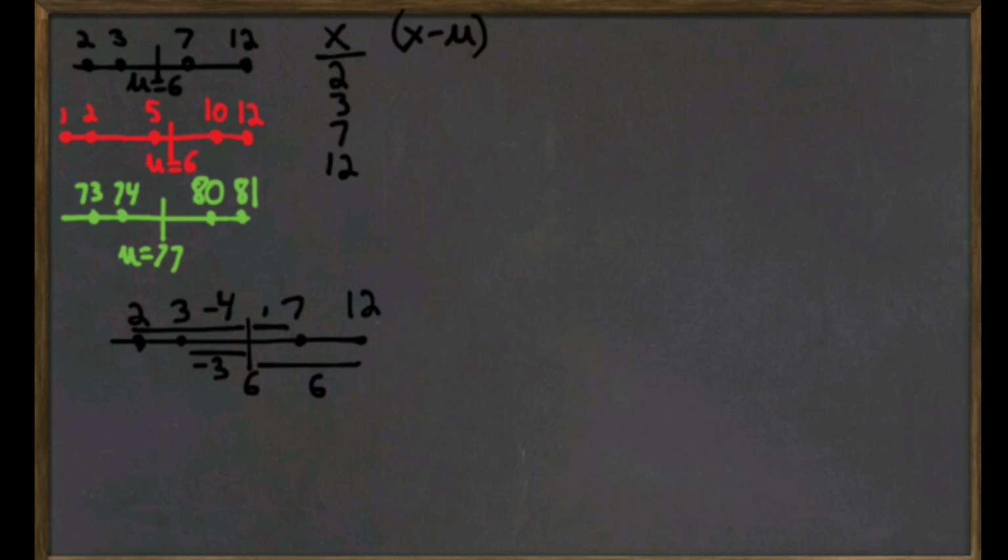We're going to take the value of x and subtract off the mean. So that becomes 2 minus 6, or -4. 3 minus 6, or -3. 7 minus 6, 1, or 12 minus 6, 6.